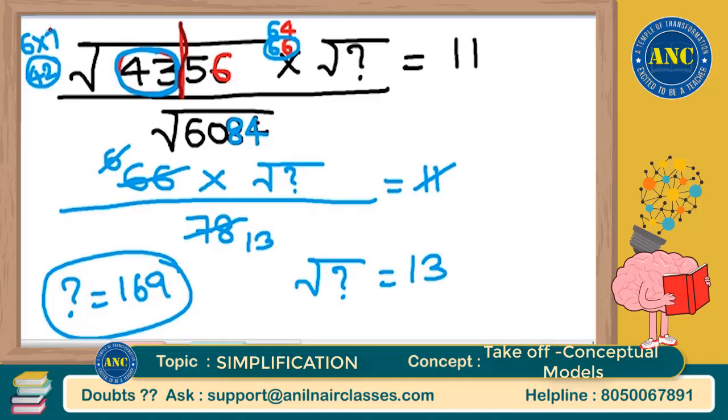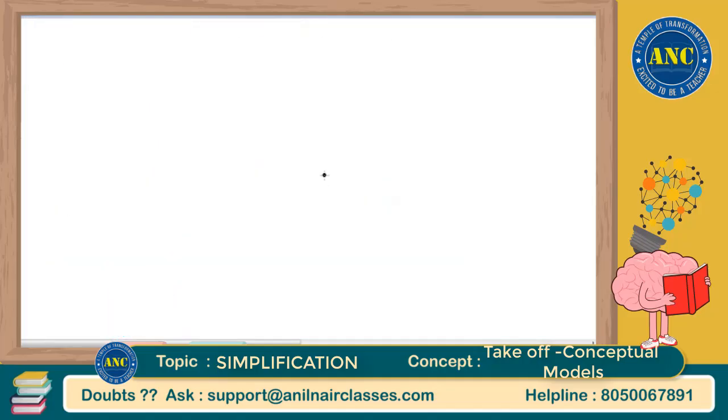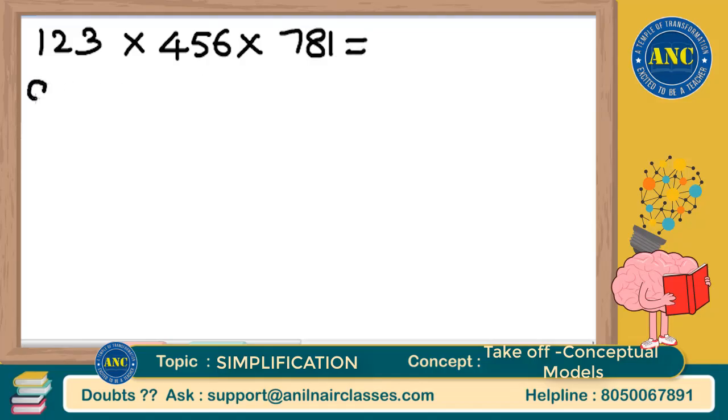Suppose till now we solved many questions without using answer options. Let us take some questions with answer options. Suppose for example 123 into 456 into 781. In fact, I taught you how to multiply a 3 digit into 3 digit number.